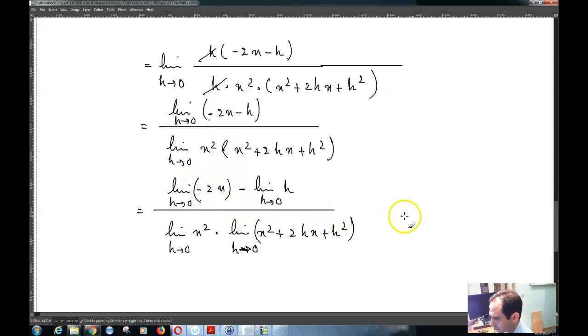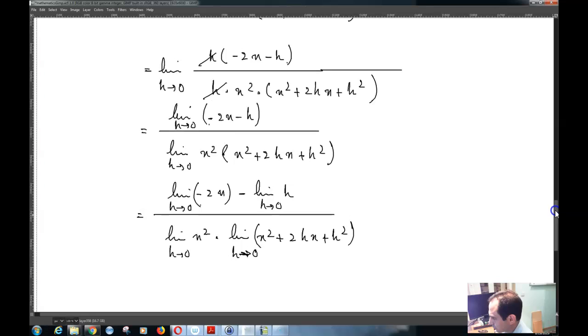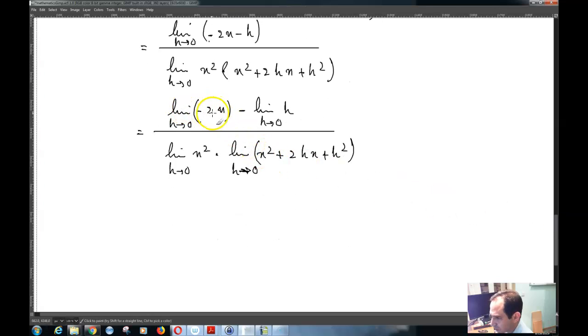Of course, over here the limit of negative 2x as h tends to 0 is equal to negative 2x. This limit of h is equal to 0. The limit of x squared as h tends to 0 is equal to x squared, and this is basically x squared, and these two will be zeros, 0 plus 0.